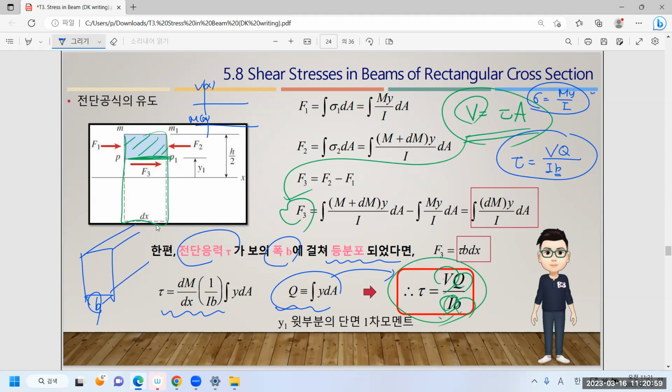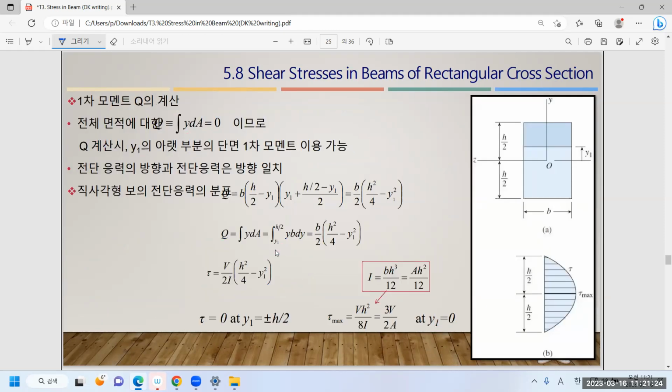So you can think, this is the reason why they have selected this simplified rectangle cross-section, because b is not changing, which means it is much simpler than other shapes of section, isn't it? So based on that, we will move into the derivation.